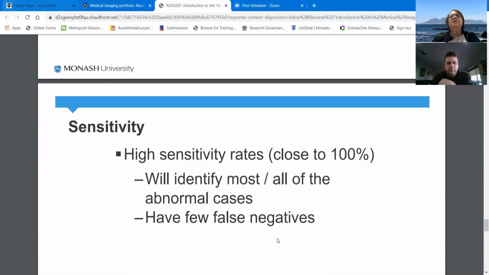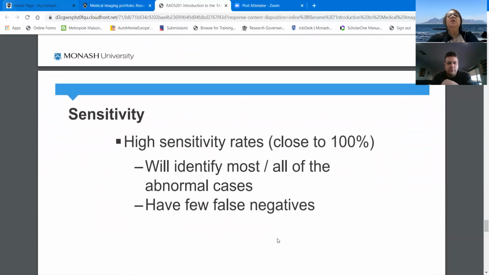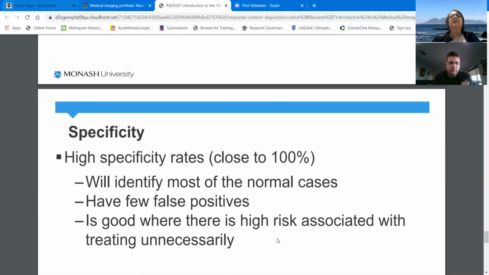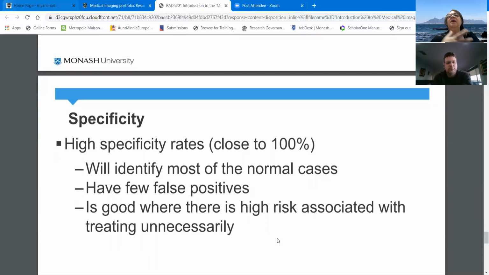So with sensitivity, you will identify most of the abnormal cases. The aim is to be as close as you can to 100%, so that you have very few false negatives. And with specificity, where you need to identify the normal cases, again the aim is to be as close as possible to 100%.